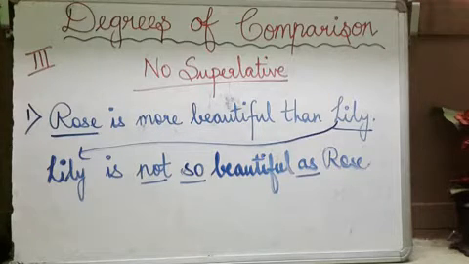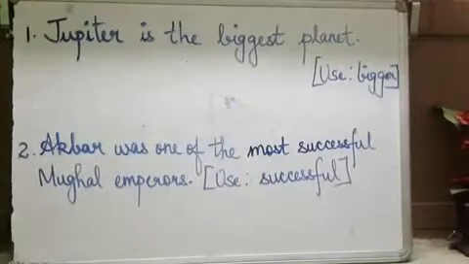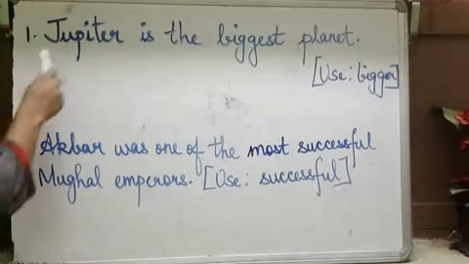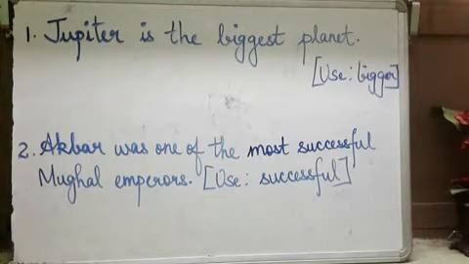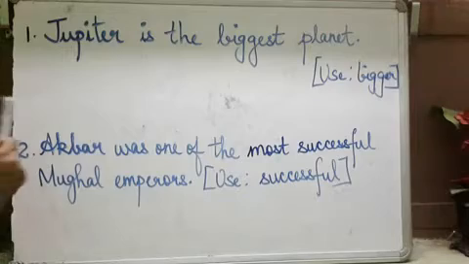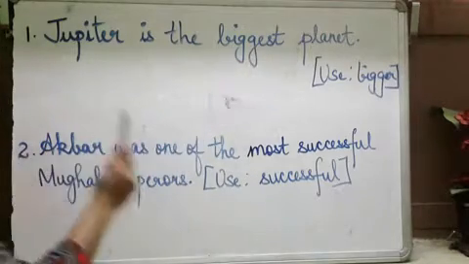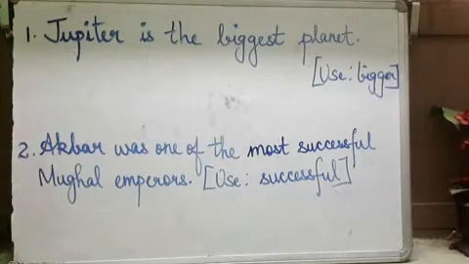Now let us see some more examples using the 1, 2, 3 patterns. All three patterns we are going to see. Now listen. Here I have written the sentence, Jupiter is the biggest planet. This noun is singular only. Which type is it? First type.